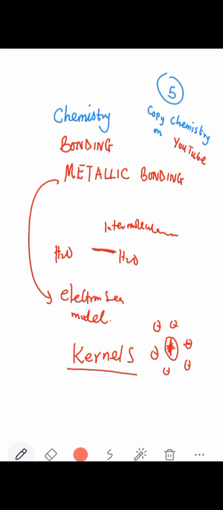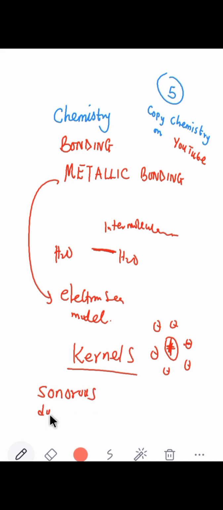And this is how it works again. It occurs in your metals, and that is what gives your metals their characteristics. For instance, your metals are lustrous, they are ductile, they are sonorous. By sonorous I mean they make sounds when being hit.